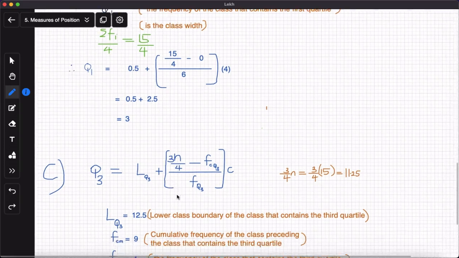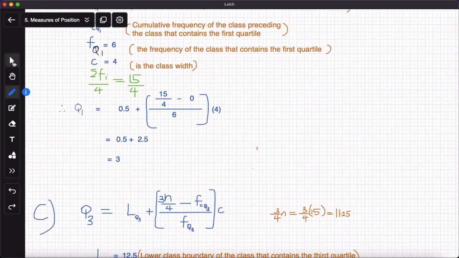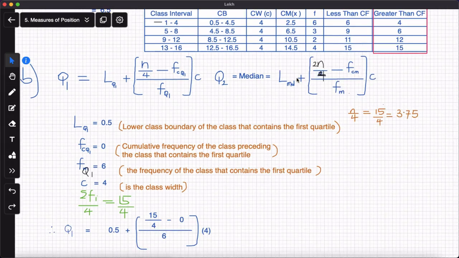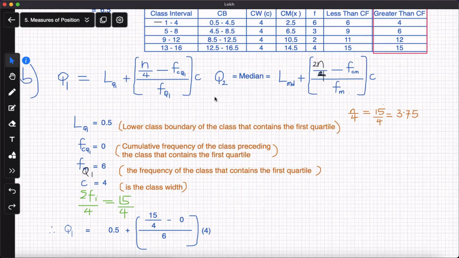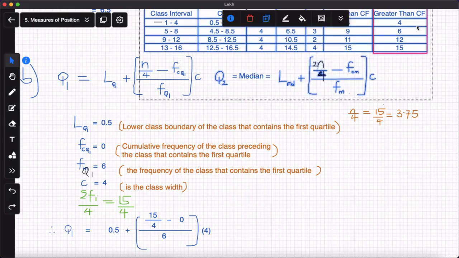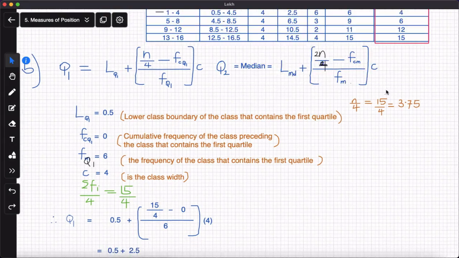So when we come to the case of the third quartile, it's similar. So I would like to take a few things. Let's take this one.